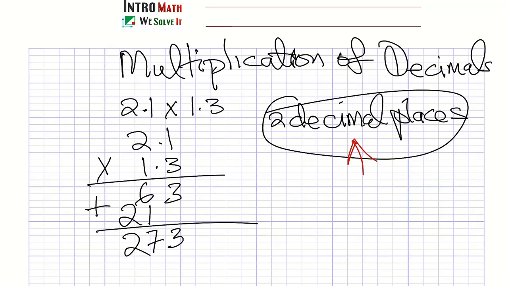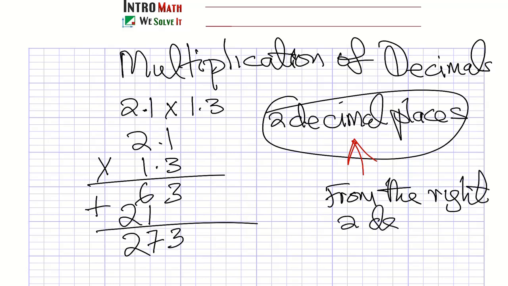According to the theory, once you get that, then you move the decimal point from the right, you count off 2 decimal places. That's all.